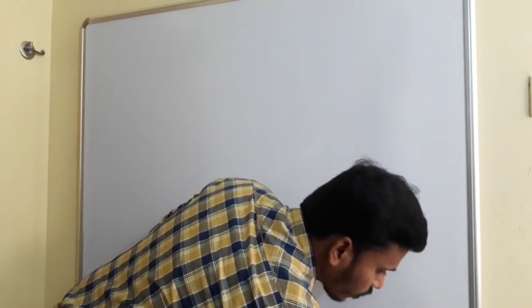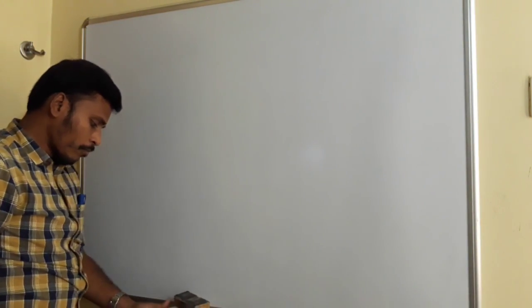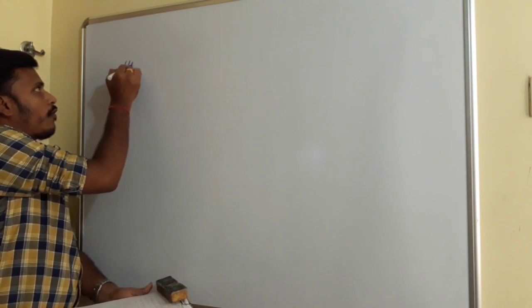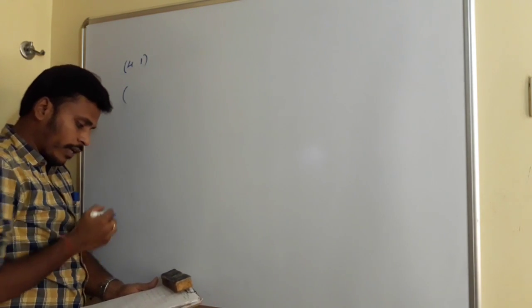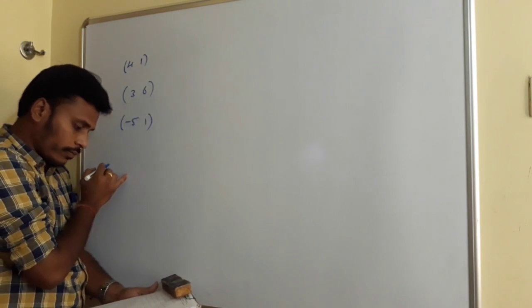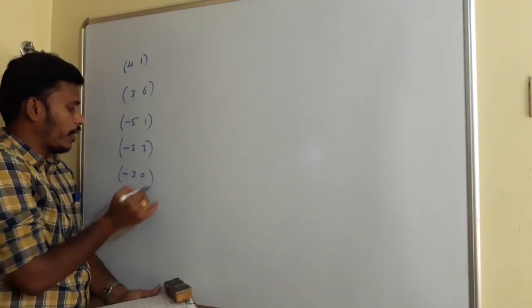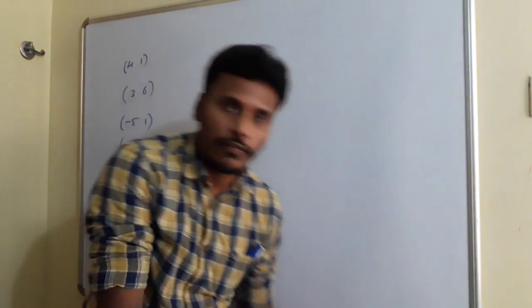For example, I have some coordinates in my hands. They may be something like (4, 1), right, and then (3, 6), (minus 5, 1), whereas (minus 3, 3) and (minus 3, 0). 5 vertices are given.